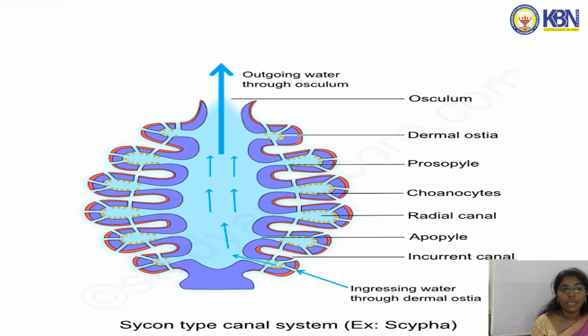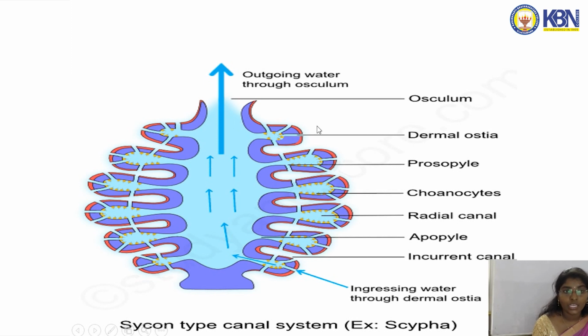Next, the Sycon type. Similarly, but in this type we can observe chambers. These specialized structures are called chambers. In these chambers, choanocytes are present, which are flagellated cells that help in water current.